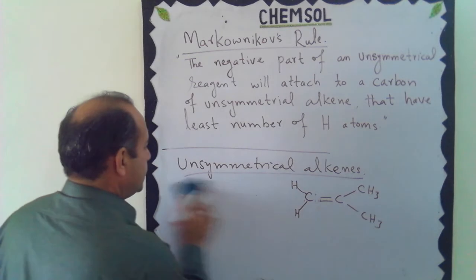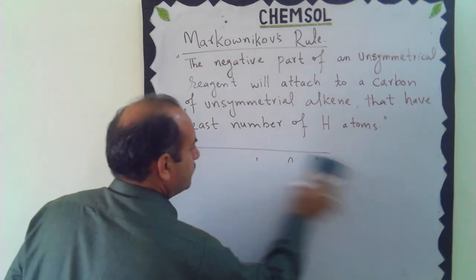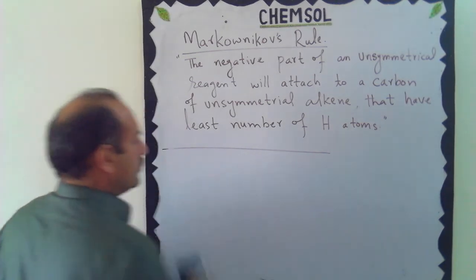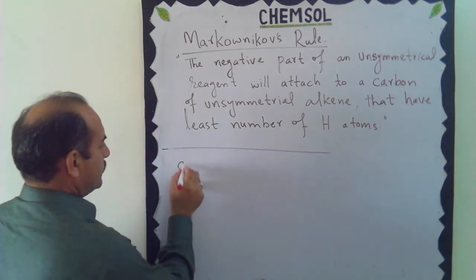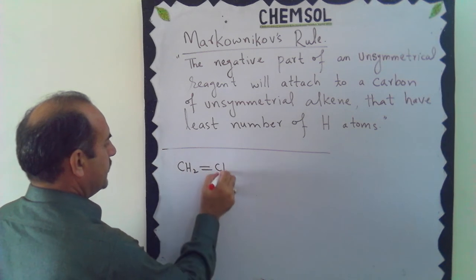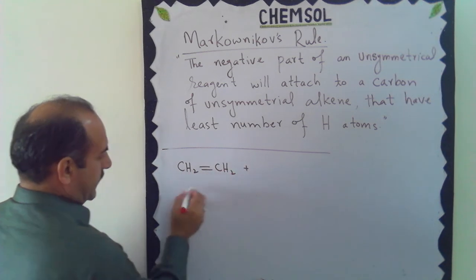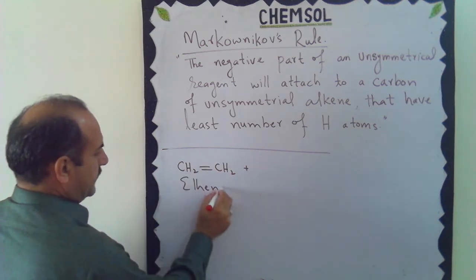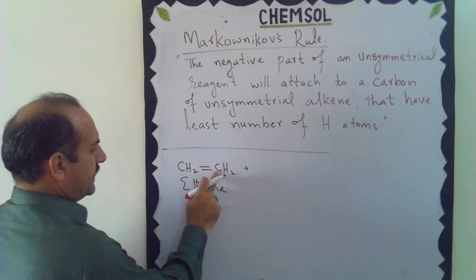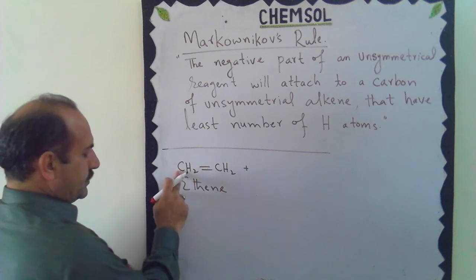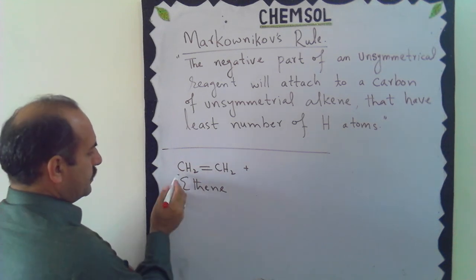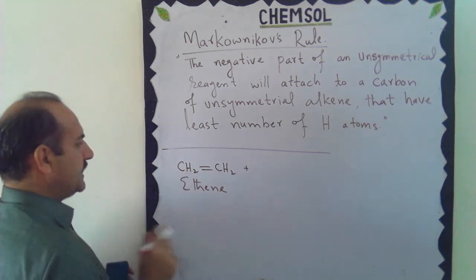If we have a symmetrical alkene, there is no problem. Let's suppose we have CH2=CH2, that is called ethene. In this molecule, two hydrogens are attached on this carbon and two are attached on this carbon. So this is a symmetrical alkene.